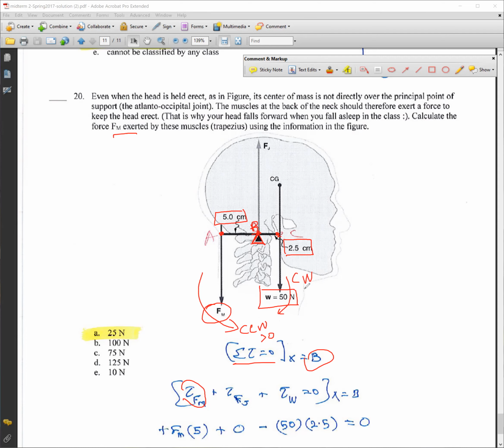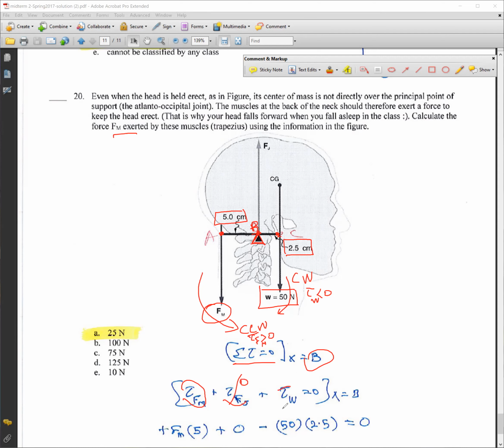So the torque due to weight will be negative, and the torque due to force muscles is positive, all right? Now, the net will be the torque due to force muscle, plus the torque due to the reaction on the fulcrum, which of course will be 0 because it's acting directly on the fulcrum, plus the torque due to the weight, equal to 0.